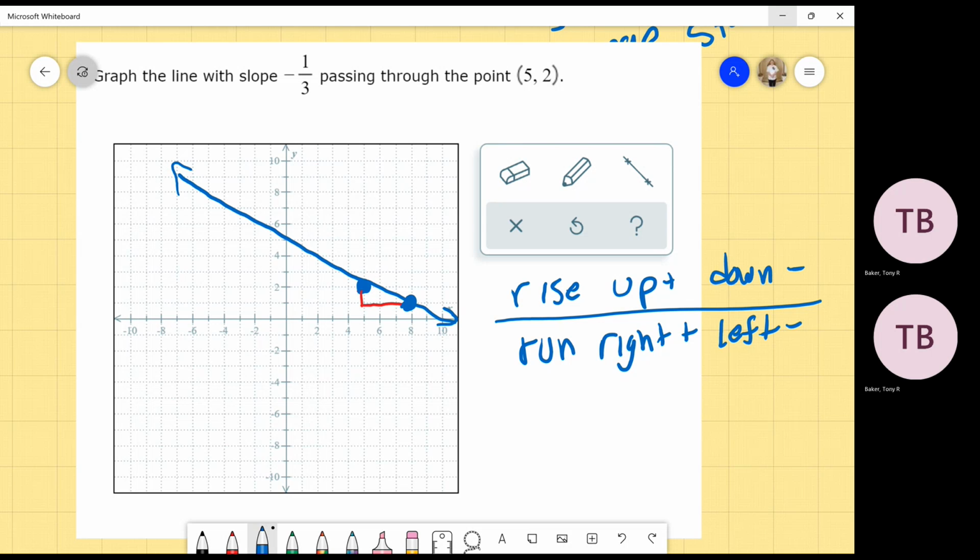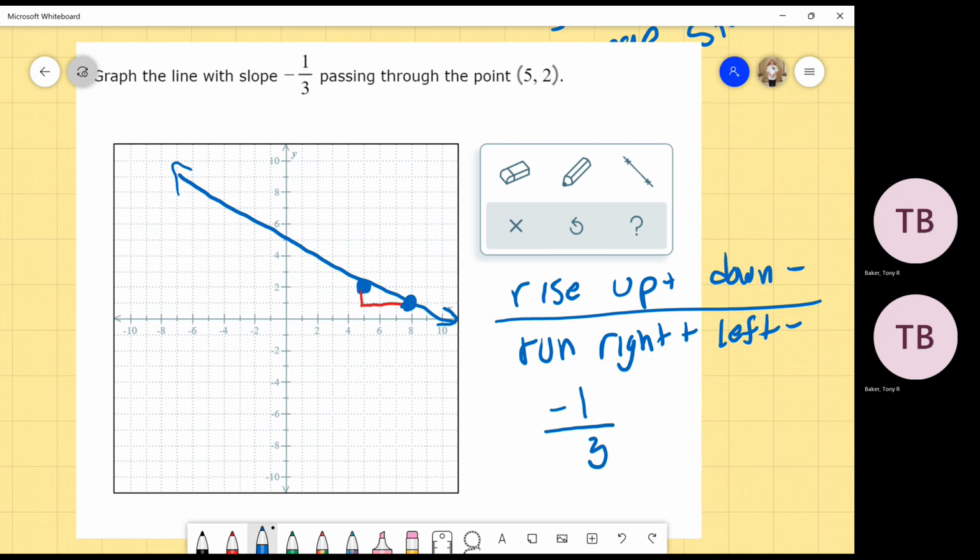Which is what you were thinking. Problem is if I went down, what's the negative over a negative? Positive, right? So that one can't be negative if I've already done the negative.